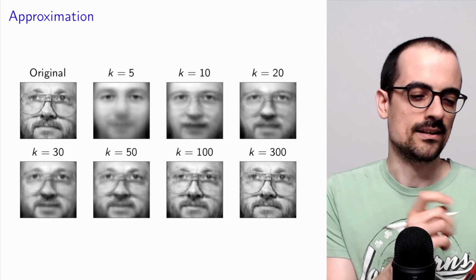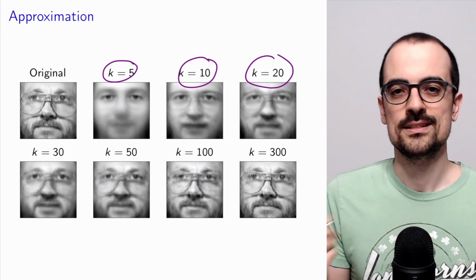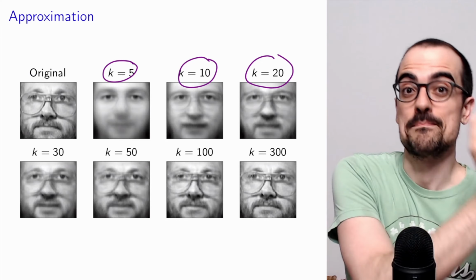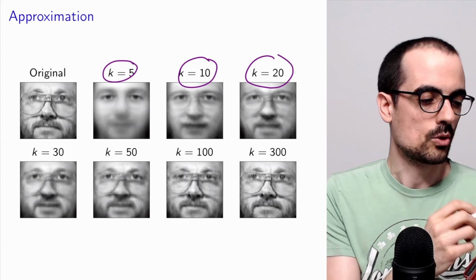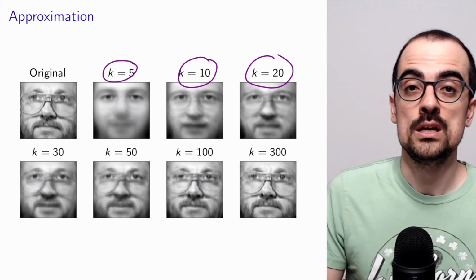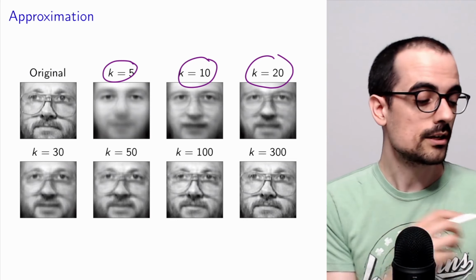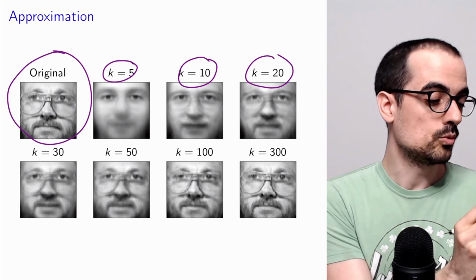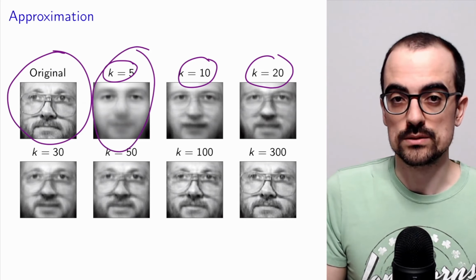Okay, so again, each of these representations has 5, 10, 20 numbers, but we're comparing them to the original by projecting them back to the original space and looking at how good the approximation is, okay? So what we're actually optimizing, and the metric for which principal component analysis is optimal for dimensionality reduction, is taking this guy and taking the mean L2 norm error with this guy when we fix k equals 5.